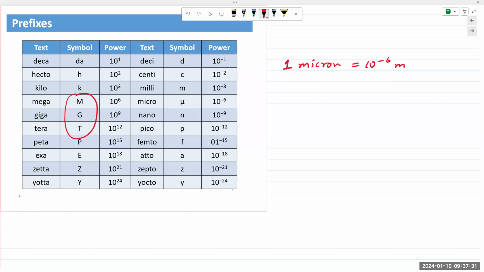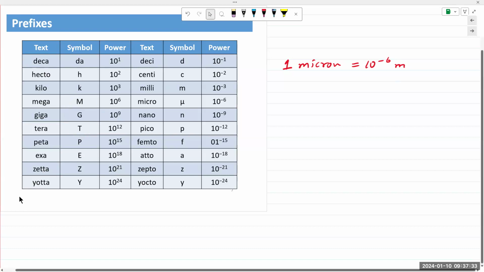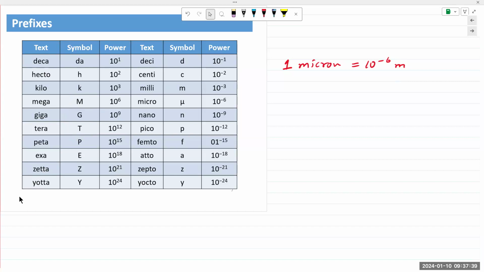Giga is 10 raised to 9, basically just tells you that the value of that signal is changing 10 raised to 9 times per second. That fast. Okay. So mega is a million, and giga would be a billion.